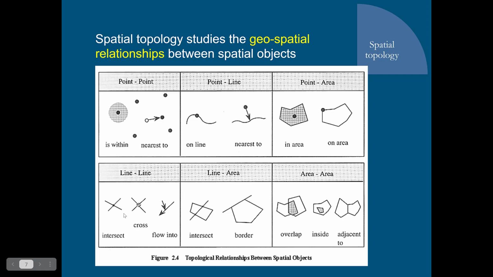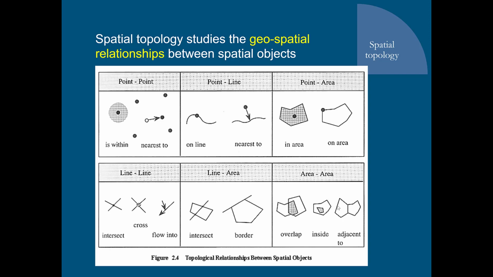Lines can intersect, cross, or flow into each other, like Broadway to Ocean Avenue. Line and area can intersect, or the line is a border.